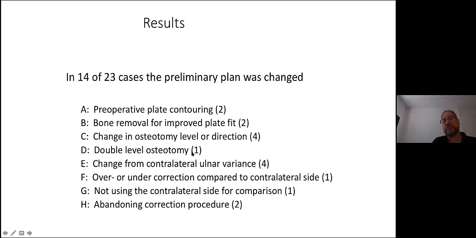The case I showed you first with the double level osteotomy, that was something new also for me, and then we did some other. For 2 cases, I saw it wasn't possible really to achieve a good anatomical position, so we didn't proceed. We just did the planning and gave up.